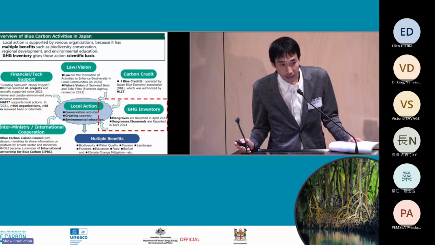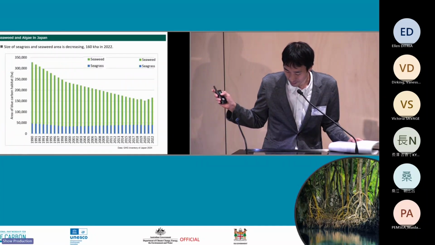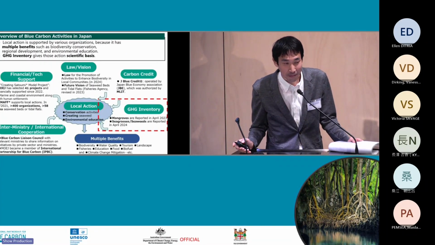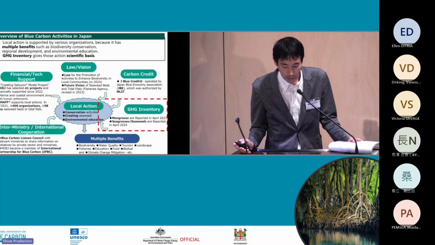To stop this decreasing trend and to save the multiple benefits which we enjoyed, the government of Japan has a wide range of support for local people. We think the GHG inventory is one of the supports.